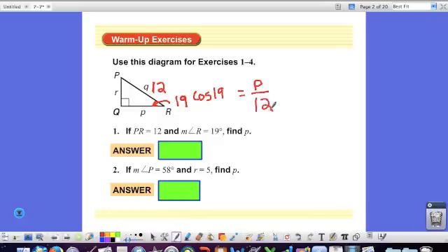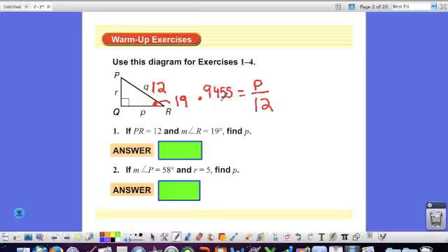Using my scientific calculator, which you can't see because I'm using my iPhone, I'm going to do 19 cosine. The cosine of 19 is 0.9455.